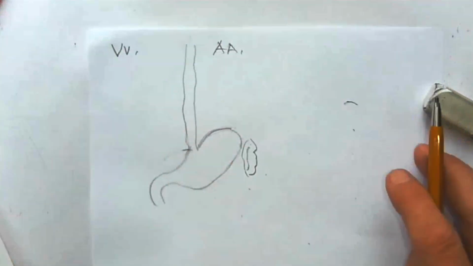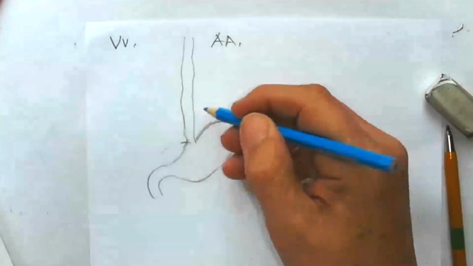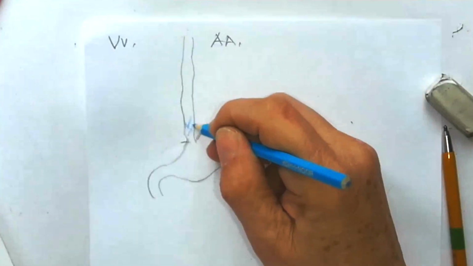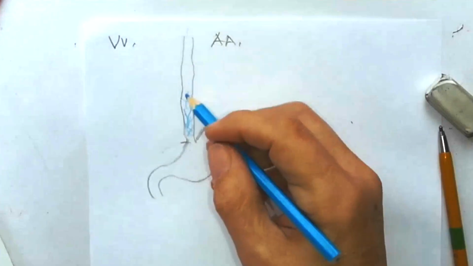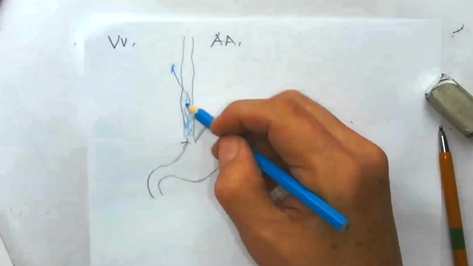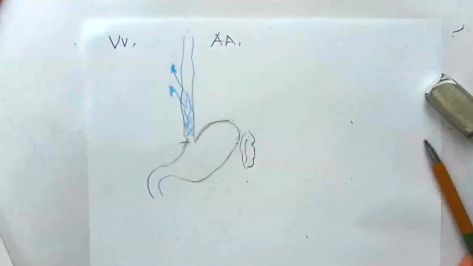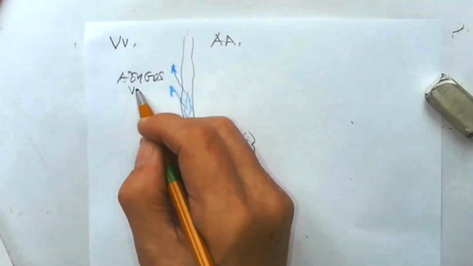So concerning the veins, the fact is that here there is a plexus which is drained into the azygos system, right? Mainly into the azygos veins.